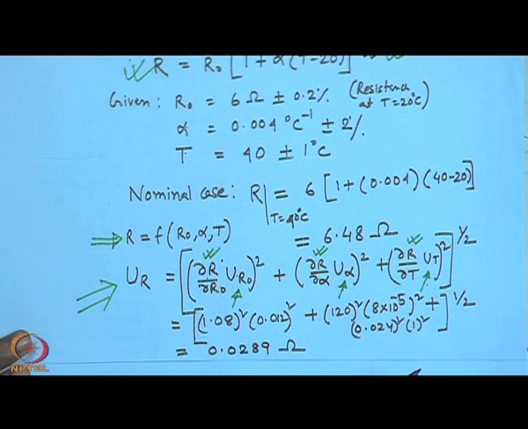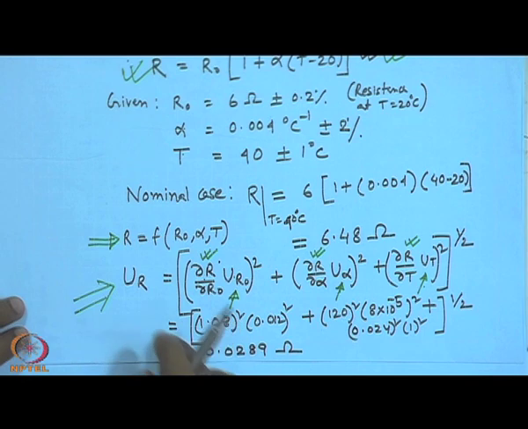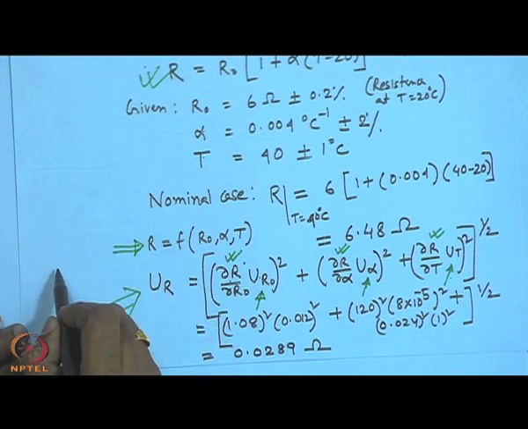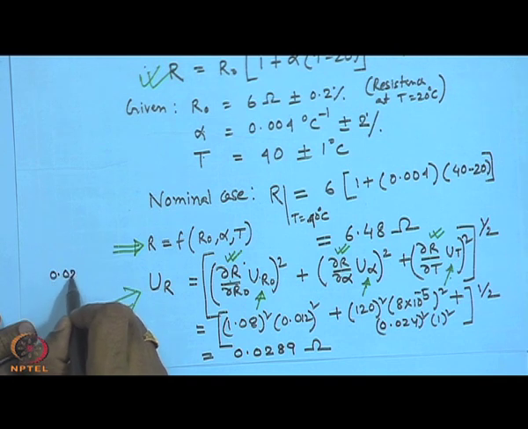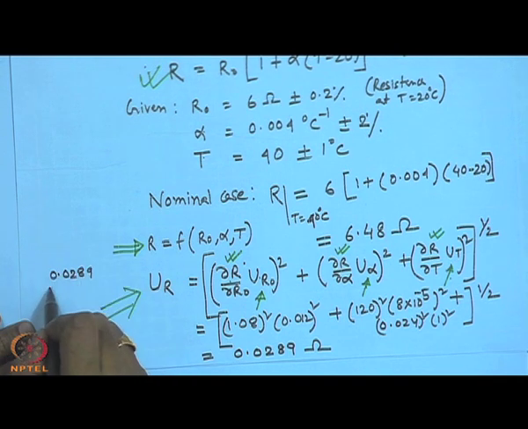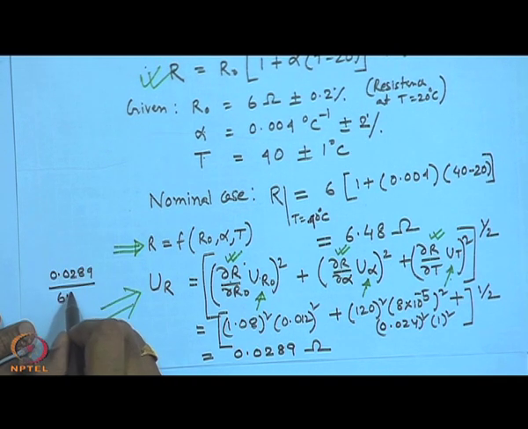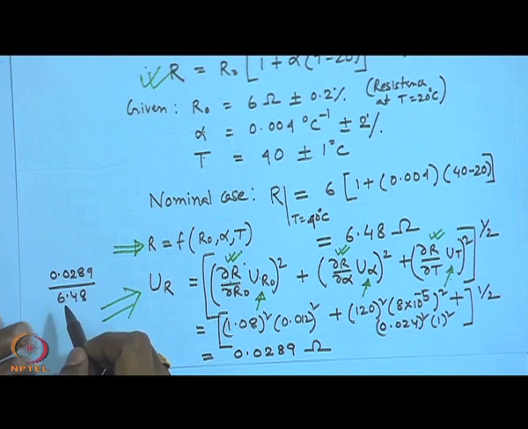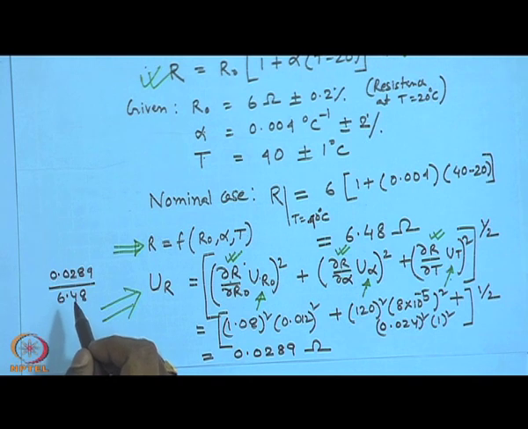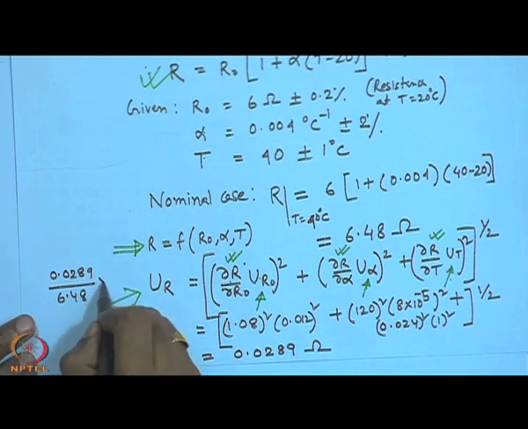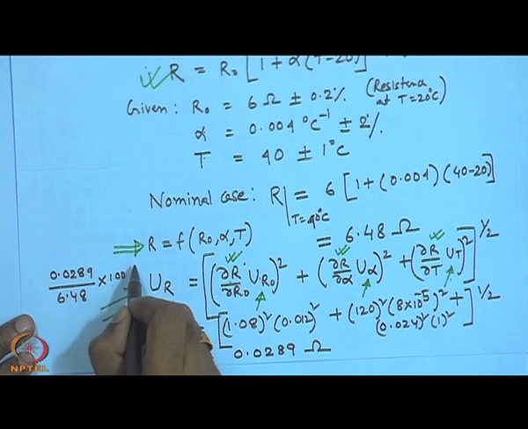If you want to express this in terms of percentage, we can do that: 0.0289 divided by 6.48. You remember 6.48 is the resistance under nominal case, into 100%.